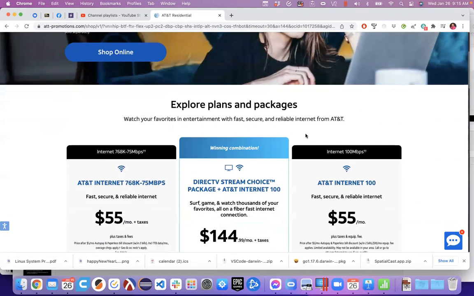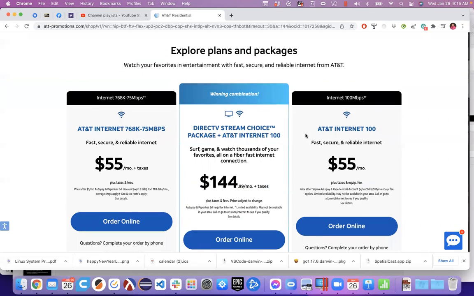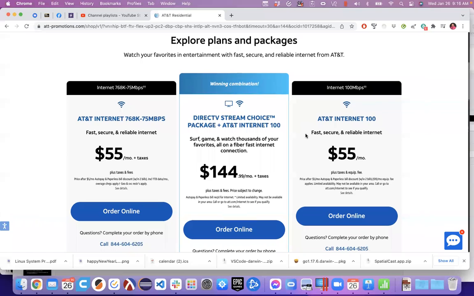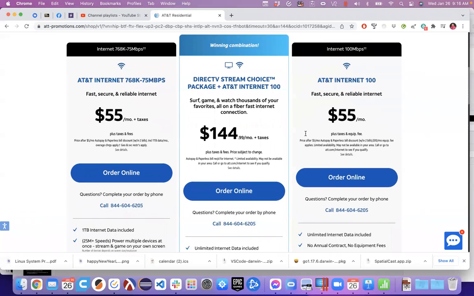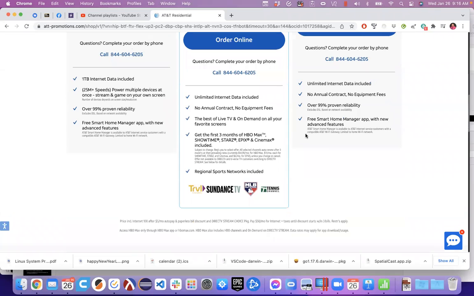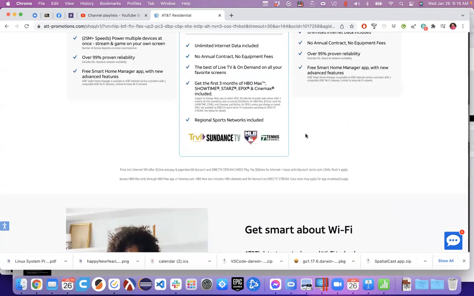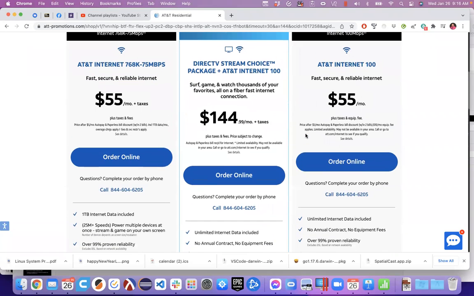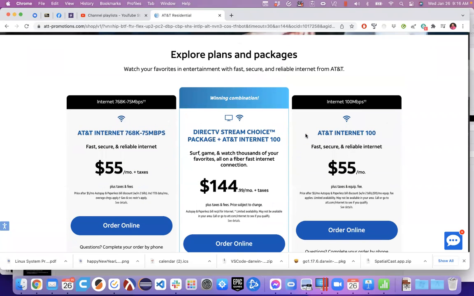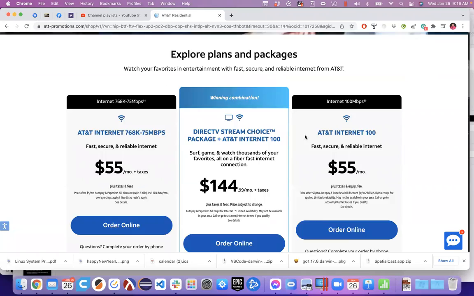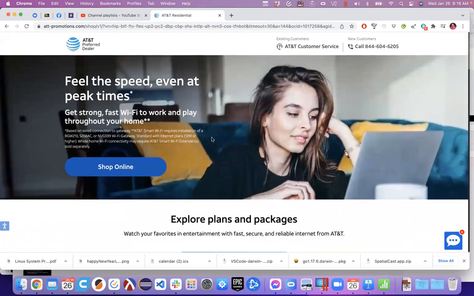You're going to see that the speeds are pretty low. That has to be using fiber. Okay, yeah, so these are all fiber internet connections.